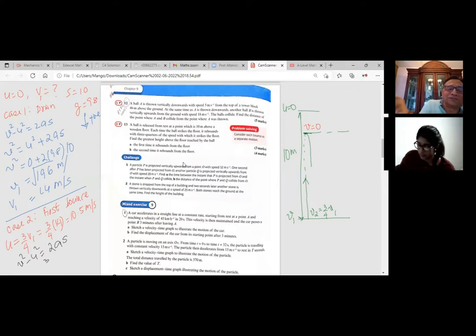Normally, I don't do these calculations. 10.5 whole squared, minus, because now I'm going with upward as positive. And this a is negative because a is acting downwards. Does it make sense to you? So a is acting downward, so it is negative.